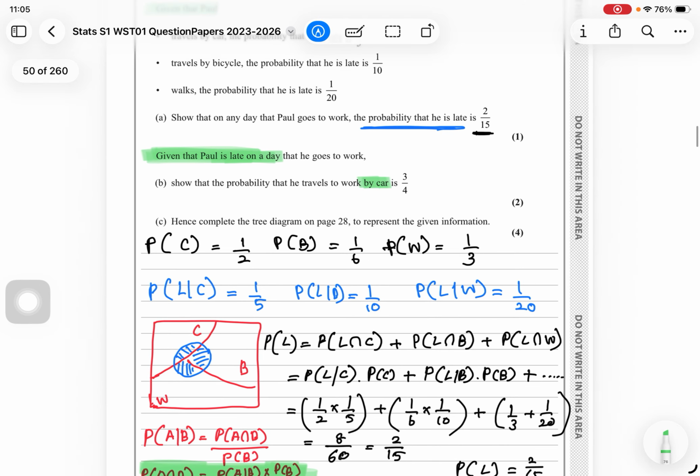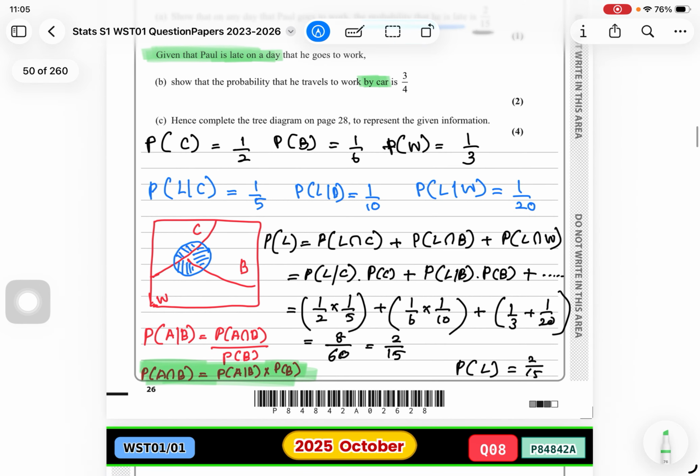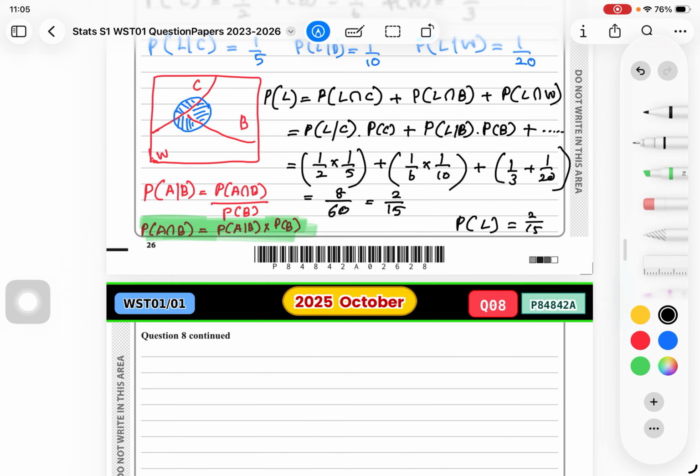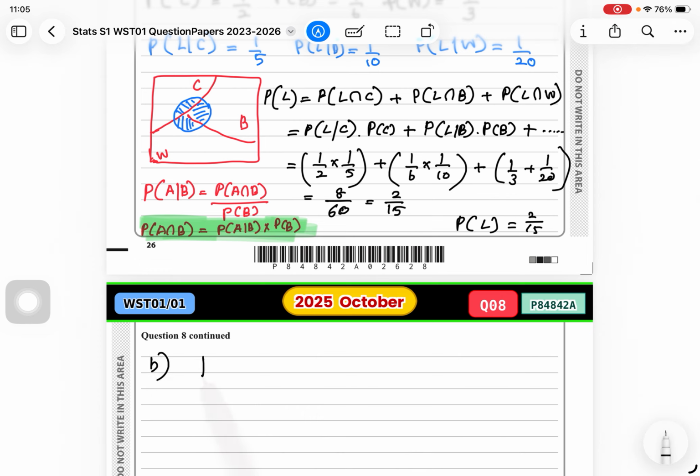It's slightly different: the probability of coming by car given that you're late. So we still take the intersection, but this time we divide by the probability of being late, because the given factor is that you are already late.